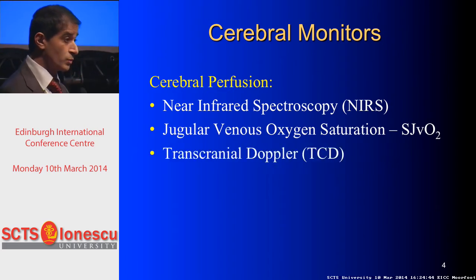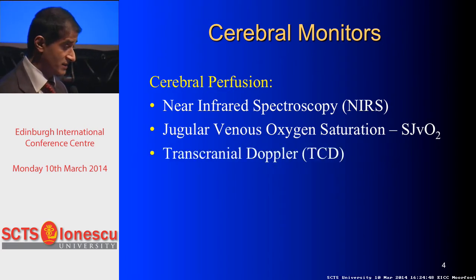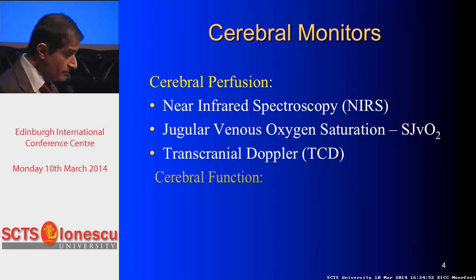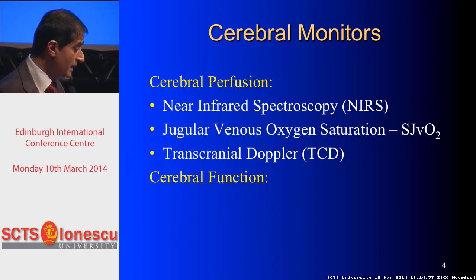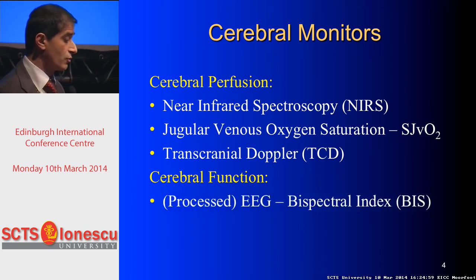And the third one, which we don't use a lot of, which is why I've put it third, personally, I would consider as the second, perhaps most important monitor, which is transcranial doppler. With regard to cerebral function monitors, what I will cover would be mainly processed EEG, or bispectral index, which is actually an extension of our anesthetic monitoring, which we quite routinely use for all our aortic arch patients, or in fact, for most of our cardiac patients.